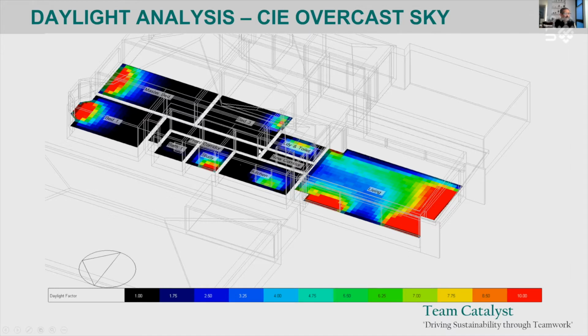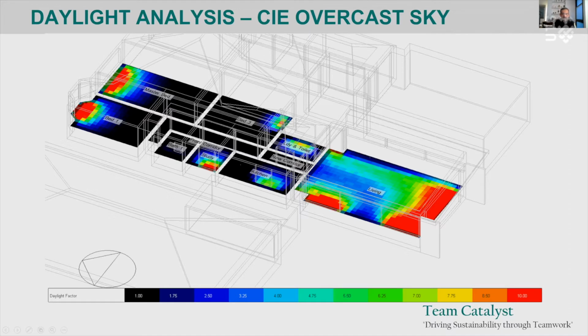Now, how do I use this to take any sort of decisions? Well, we were extending the kitchen, and if you look at the kitchen, you can see that one half of the kitchen near the window has some daylight, but this part of the kitchen was fairly dark, and that's something that there was the opportunity to put some interventions.